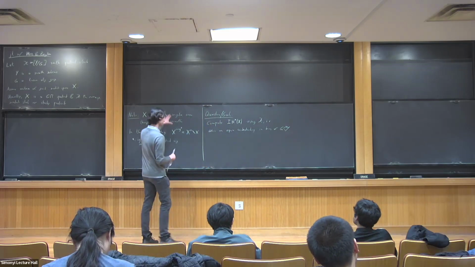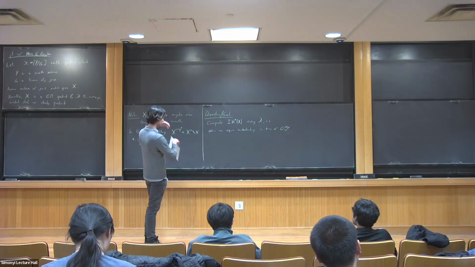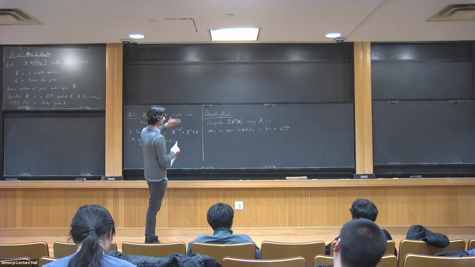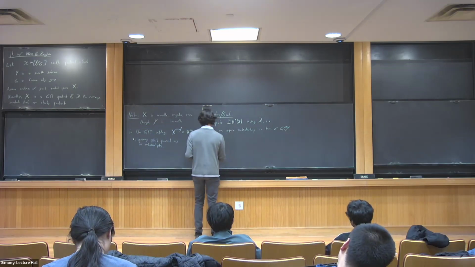Well, essentially, we already know that the singularities are situated in the locus where the stabilizer group is positive dimensional.